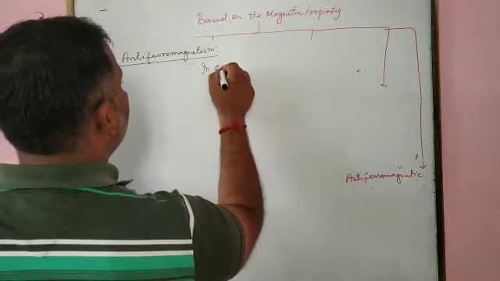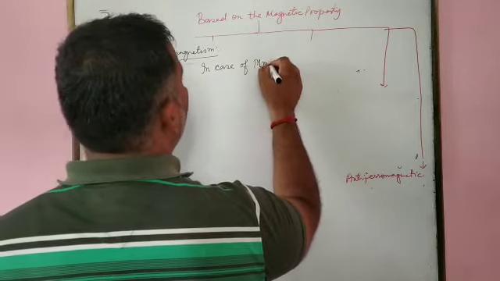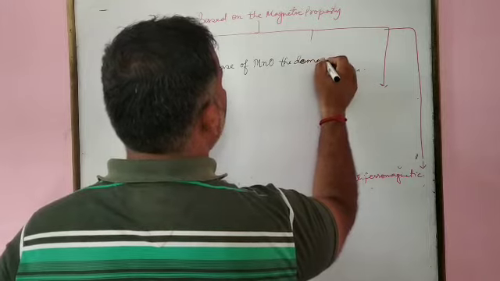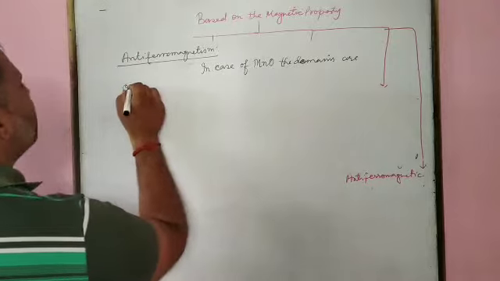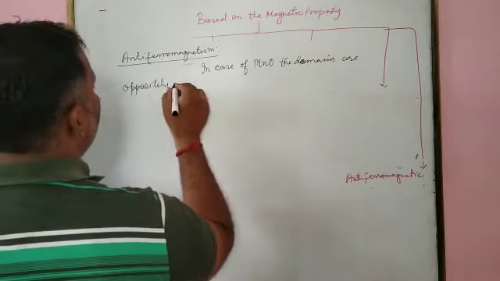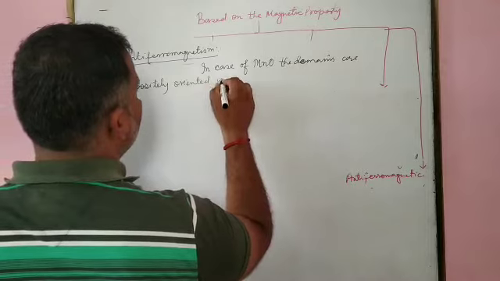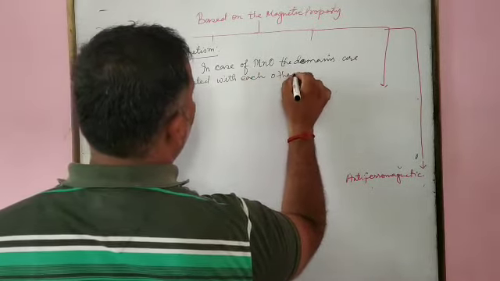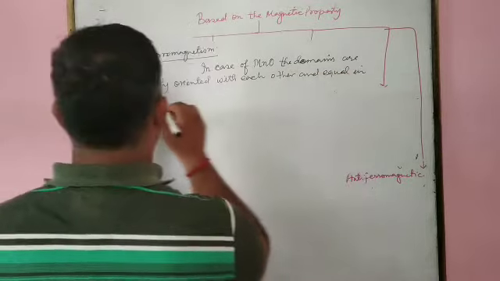In case of manganese oxide, the domains are oppositely oriented with each other and equal in number.